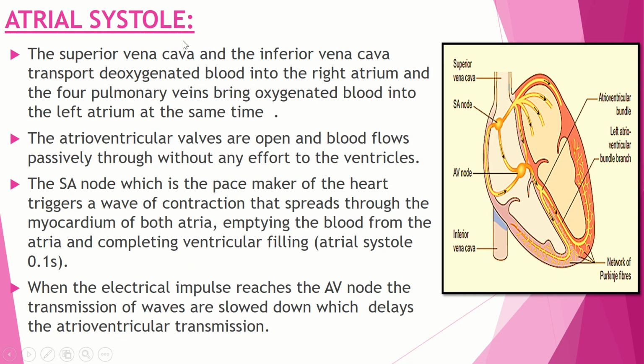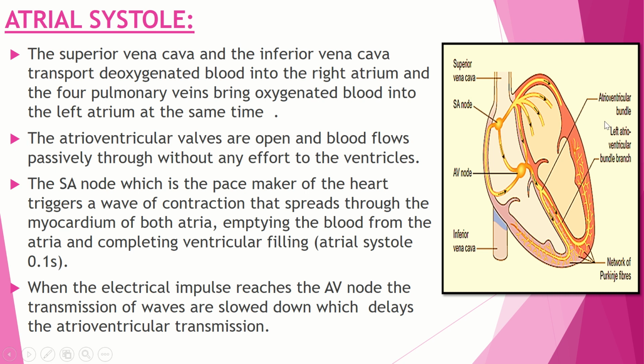So what is atrial systole? Let's see the complete explanation. The superior vena cava and the inferior vena cava transport deoxygenated blood into the right atrium, and the four pulmonary veins bring oxygenated blood into the left atrium at the same time.